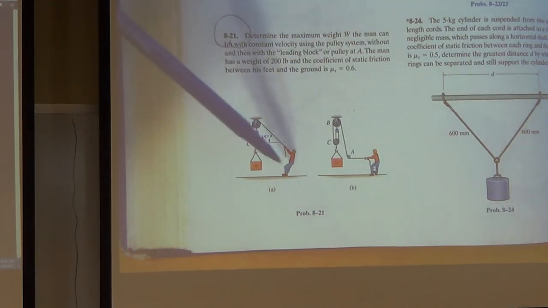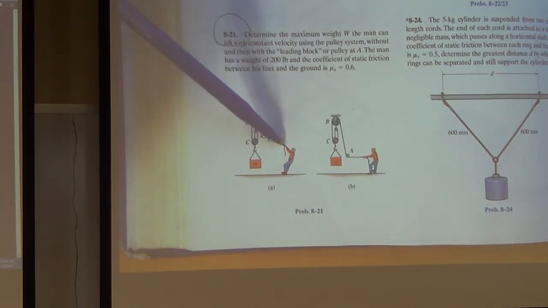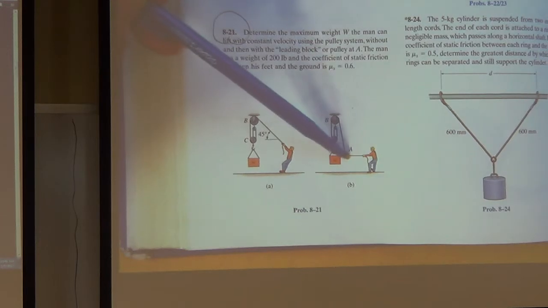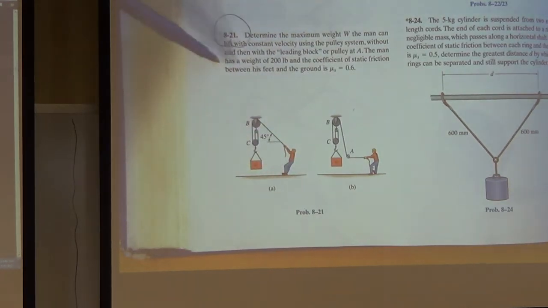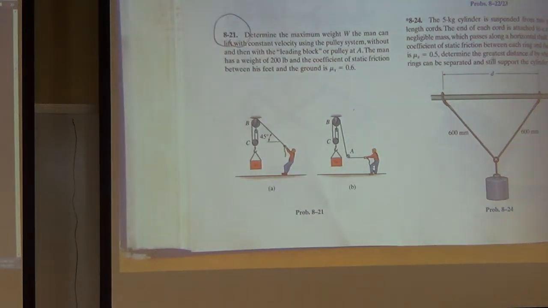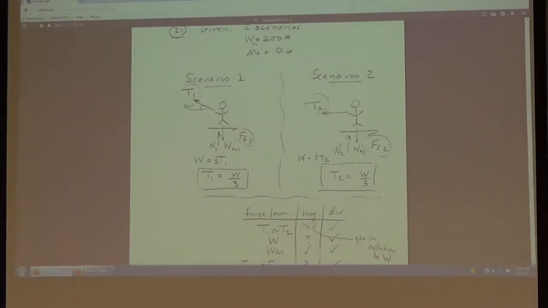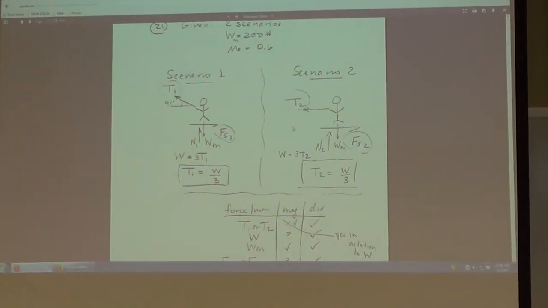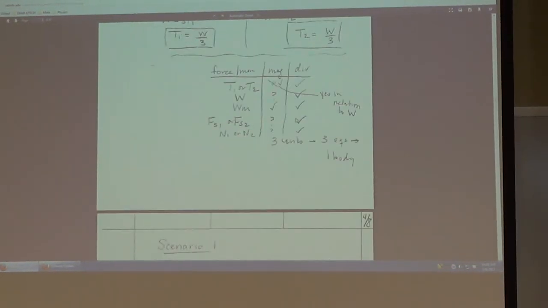So if you draw the person, the tension's going up here, the tension's going here, you have the frictional force and you have the normal. So scenario 1, the tension's there, and we have the normal, the weight, and the frictional force. And here, the normal, the tension is there.